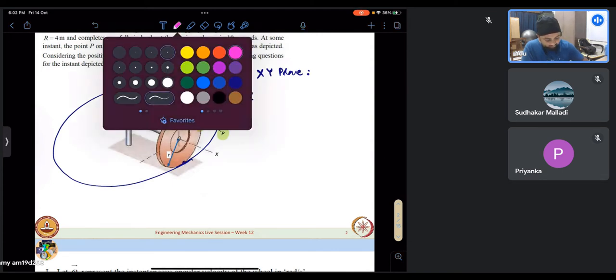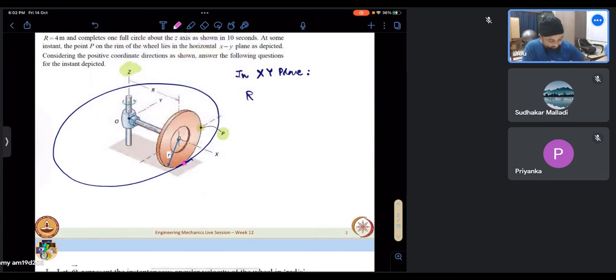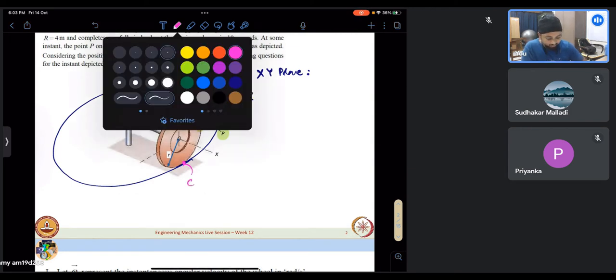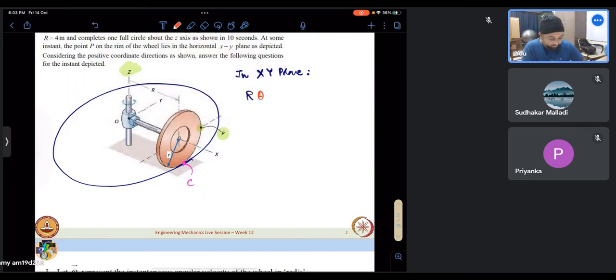Let me consider this to be the point of contact. Let me call this C. So this point of contact essentially would have moved by capital R theta xy, which is having an axis about positive z.